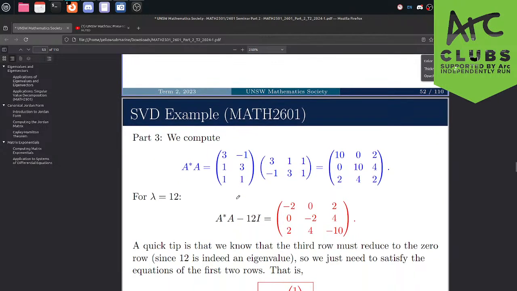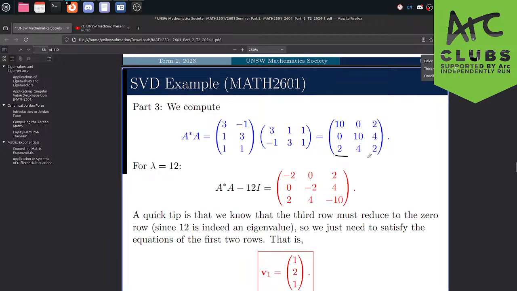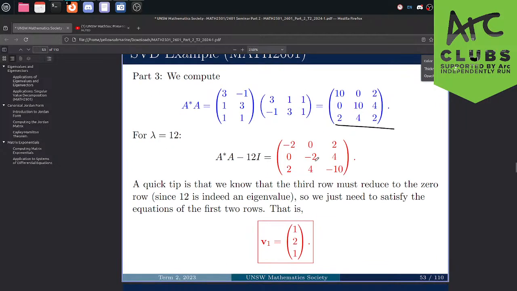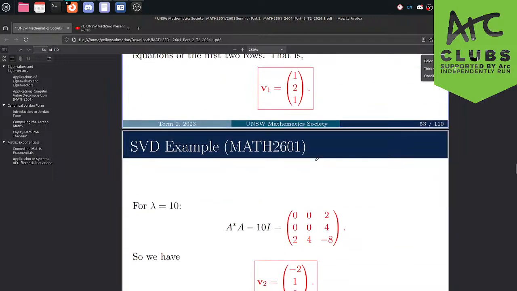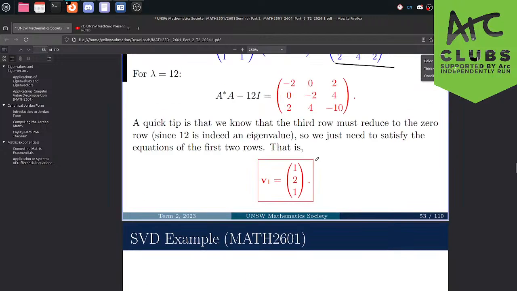Cool. And part 3, part C, whatever, we want to compute the A star A matrix, and then we can find its eigenvectors. Here's a quick tip.